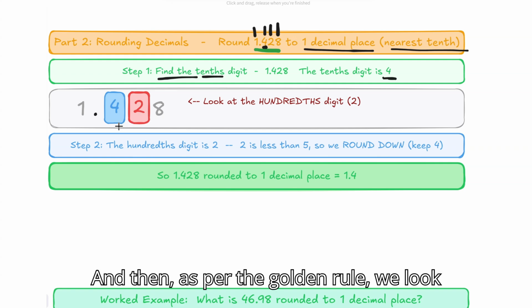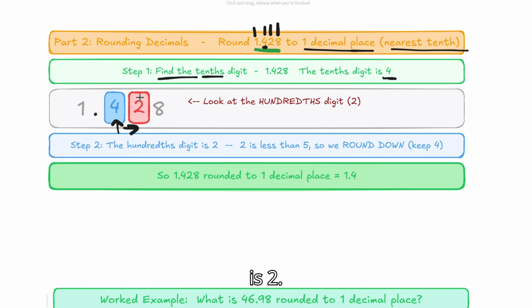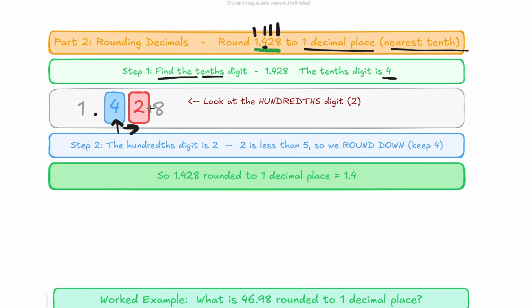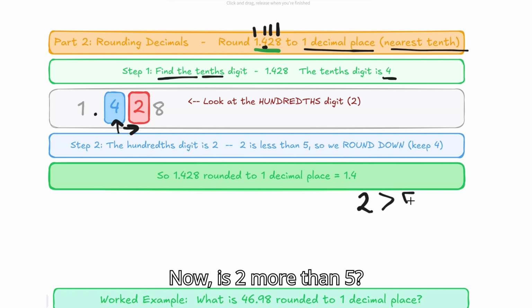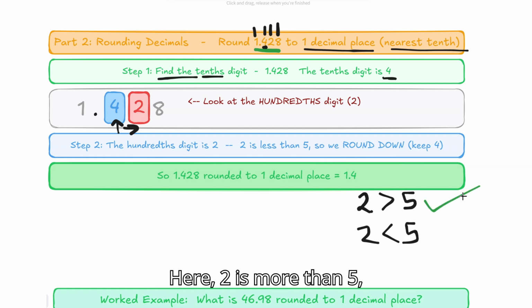Then as per the golden rule, we look at the number that's right of it, which is 2. Now we compare it. Is 2 more than 5 or is 2 less than 5? No, 2 is less than 5.